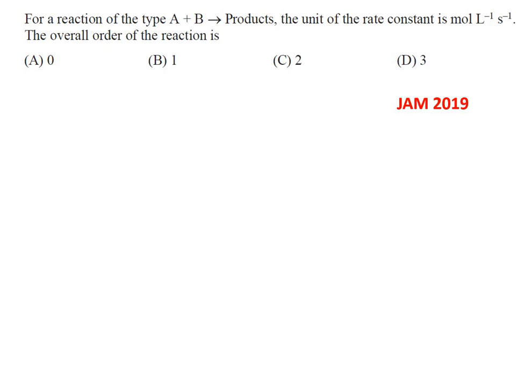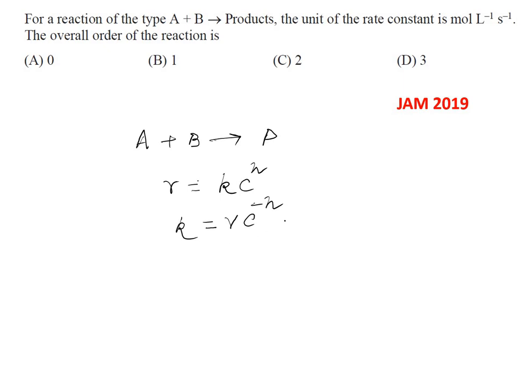For a reaction of the type A plus B to products, the unit of the rate constant is given as mole per liter. So what is the overall order of the reaction? So as you know, from the reactants A plus B to product, the rate is k times C to the power n, where the order n is unknown, and k equals rate divided by C to the power n.